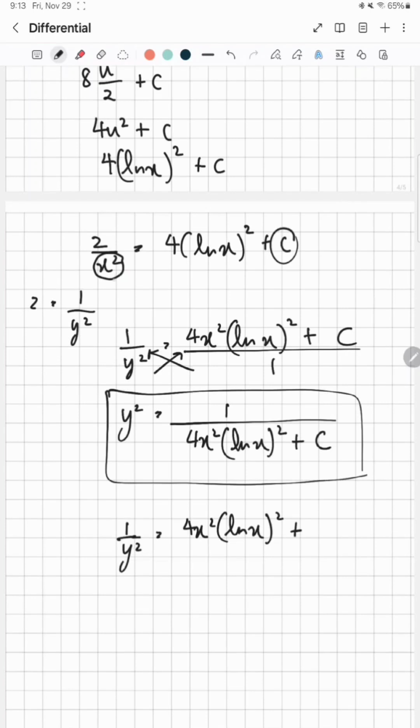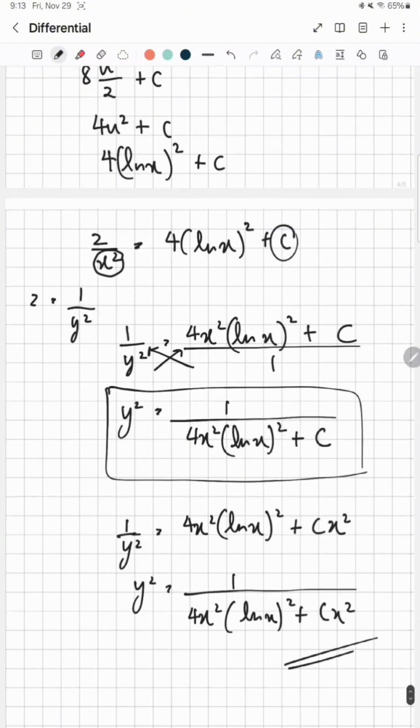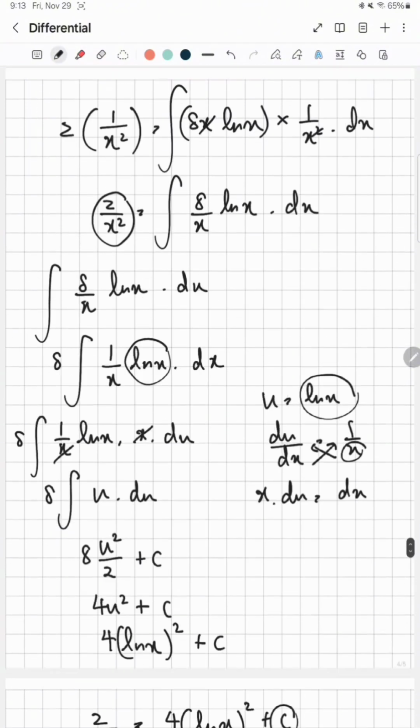Previously when I multiplied x squared with c, I just wrote it as c because it's a constant. You can also write it as c x squared if you like. It's the same thing. So y squared equals 1 over 4x squared (ln x) squared plus c x squared. Both are correct. Okay, so that's everything for this question.